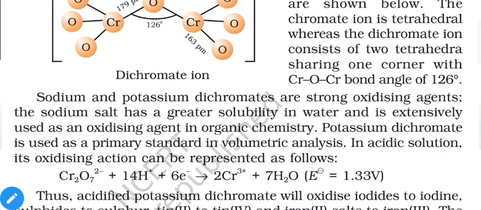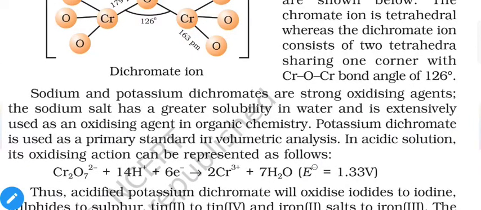The sodium salt has greater solubility in water and is extensively used as an oxidizing agent in organic chemistry. Potassium dichromate is used as a primary standard in volumetric analysis, meaning in volumetric titration it is a standard compound with which we can compare other compounds.